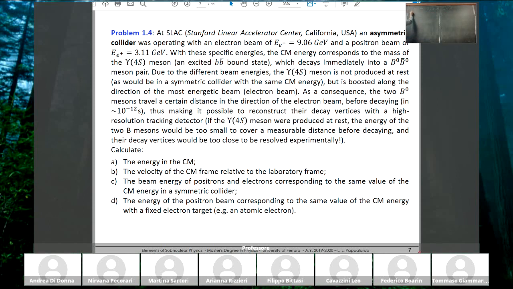Now we calculate as usual the s variable, which is (P minus plus P plus) squared. Substituting, this is the square of the sum of the energies minus the square of the sum of the 3-momenta, which gives P minus squared plus P plus squared plus twice P minus P plus, minus P minus squared, minus P plus squared, minus twice the 3-momentum product.